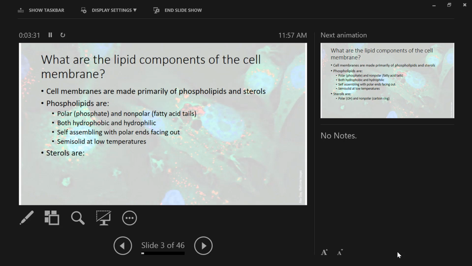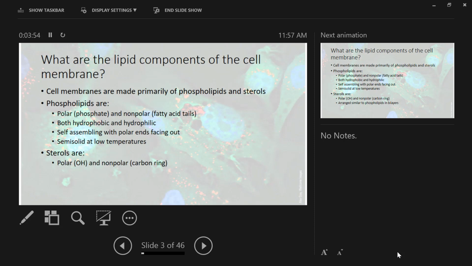All right, so sterols. They are also polar and nonpolar. Now, the particular chemistry involved is a little bit different, but we still end up with a polar functional group. What functional group is this? This is a hydroxyl group. So we've got a polar hydroxyl group, and then we've got this big carbon ring forming this nonpolar entity.